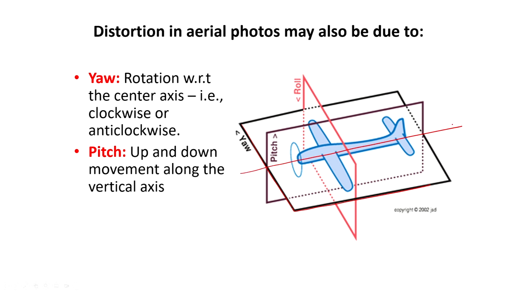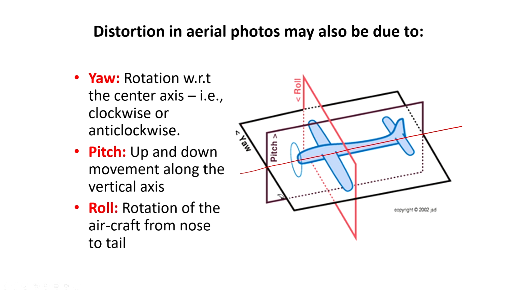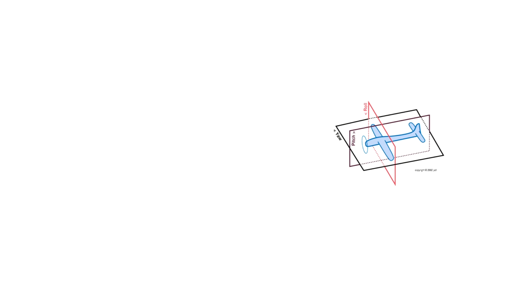Okay. And then the third one is roll. Okay. So rotation of the aircraft from nose to tail. Okay. And that will be over here along this plane. So these are three components which will be experienced during any flight, and that will result in distortion.